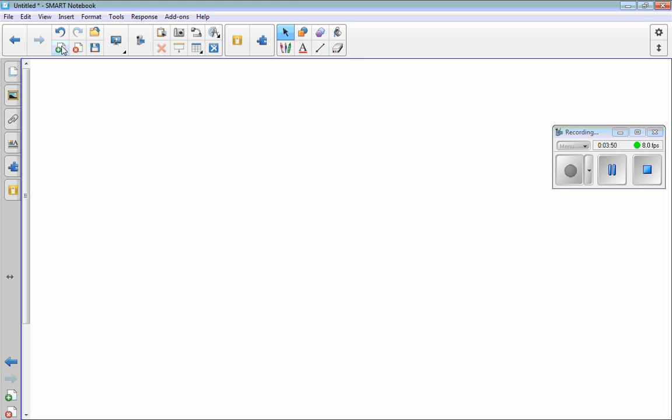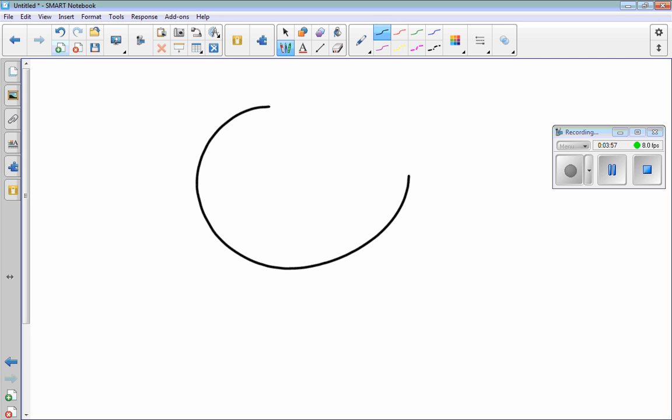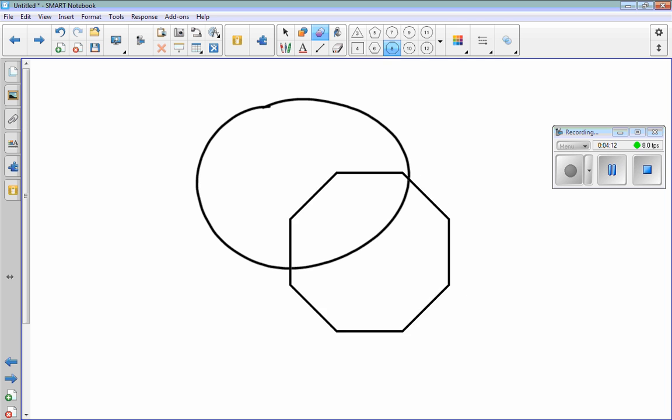Question 22, boy, am I not going to try to draw that, but sort of. So we have this with a 1, 2, 3, 4, 5, 6, 7, 8. An 8-sided star. Can I just do an 8-sided shape in the middle or whatever?